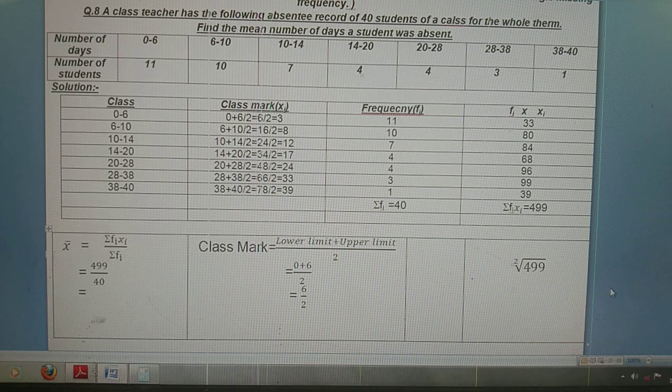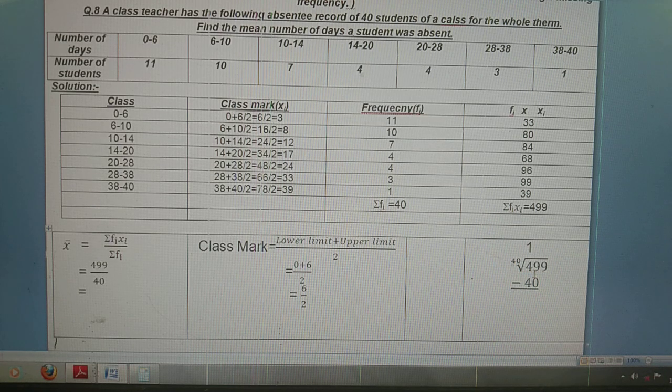Let us do this division. 499 divided by 40. 40 ones are 40. 49 minus 40, it will be 9.